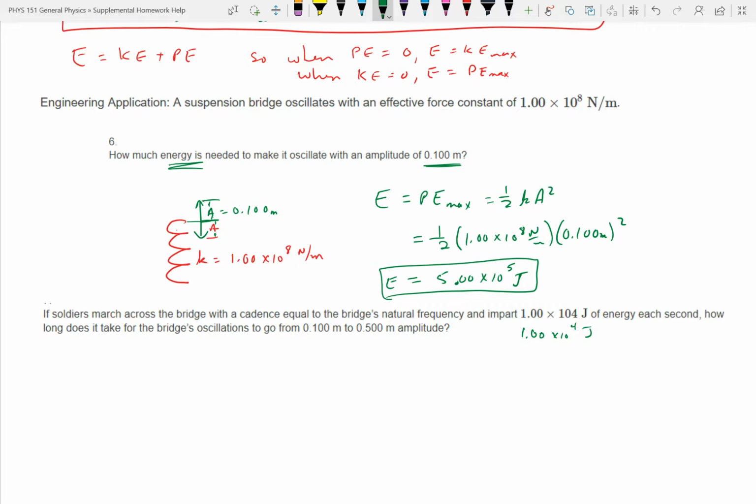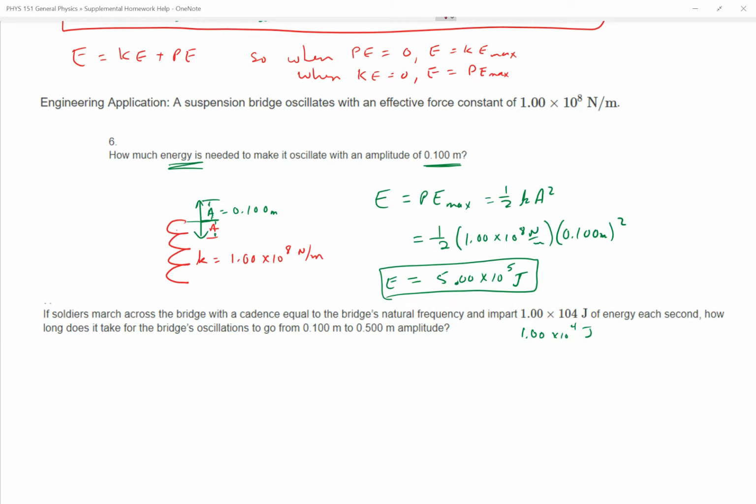What do we have for our idea here? Oscillation. Relation between the spring of the bridge and soldiers?